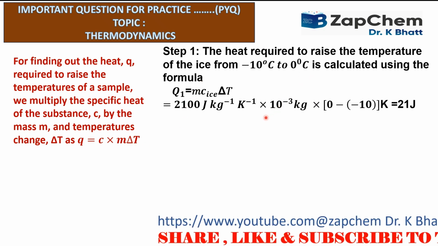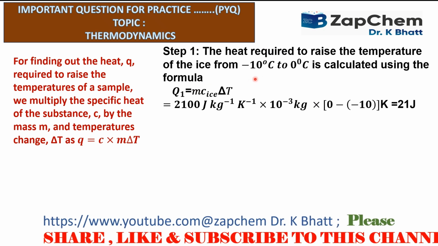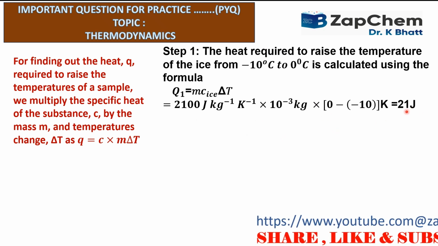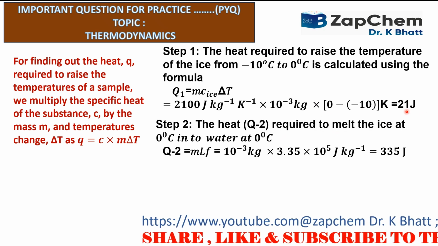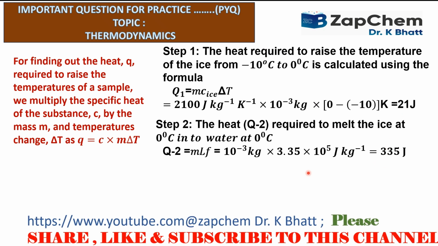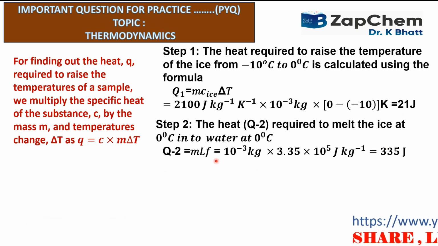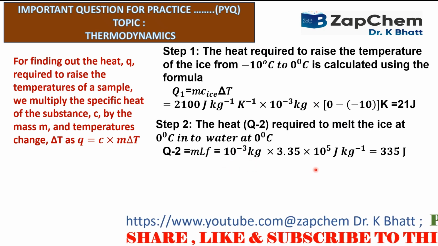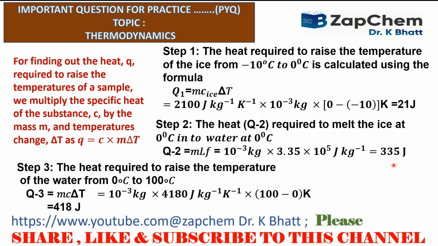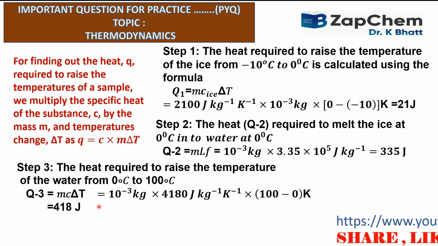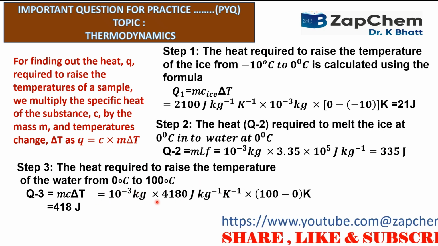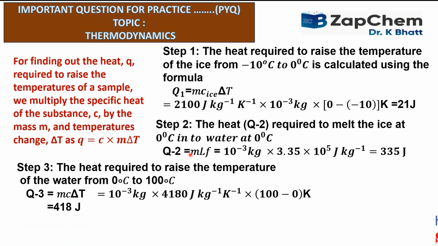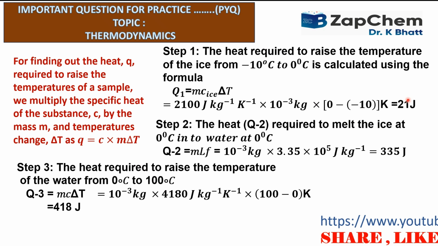The heat required to raise the temperature of ice from minus 10 to 0 would be calculated this way, and we find it is 21 joules. Similarly, second step, when we apply all the given values here regarding latent heat of fusion, we get 335 joules. Step 3, required to raise the temperature of water from 0 to 100, it is 418 joules. Now we have to take care about the units which are being used here.